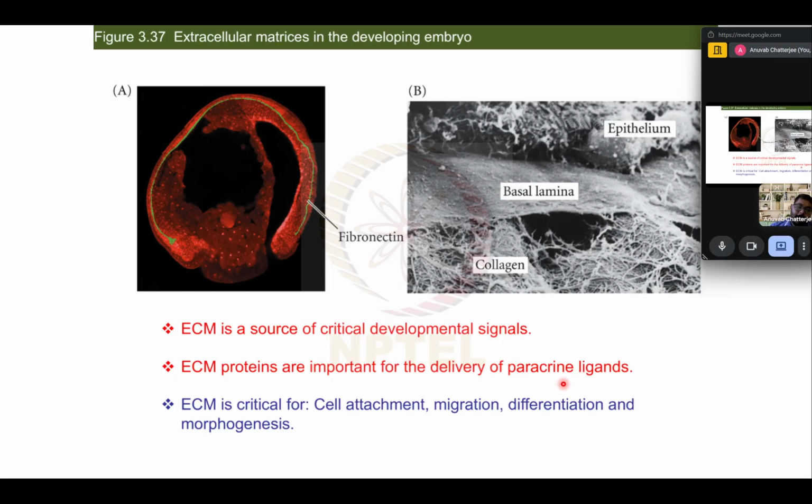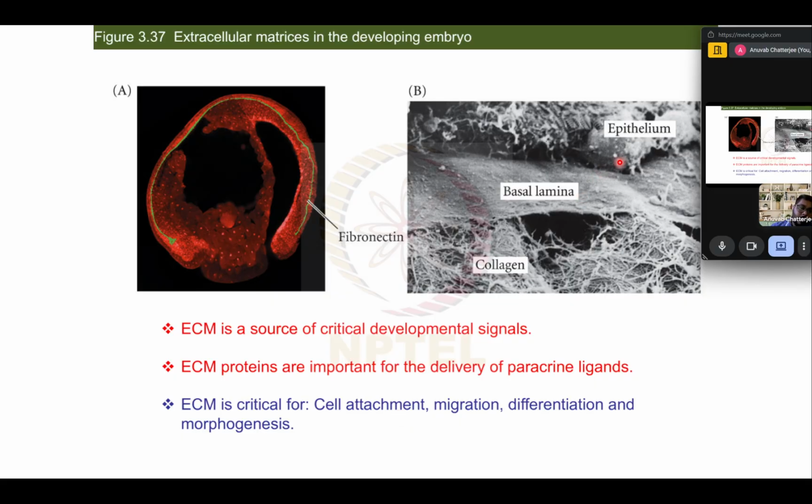The secreted signals, sonic hedgehogs, Wnts, BMPs, activins, RTKs, everything will be delivered via the ECM. So they do not just flow around in a liquid or something. These molecules actually travel along these ECM laminas, and it is critical for cell attachment.